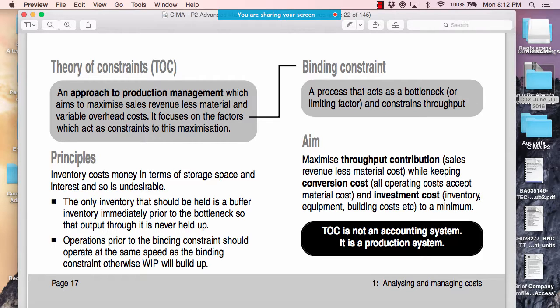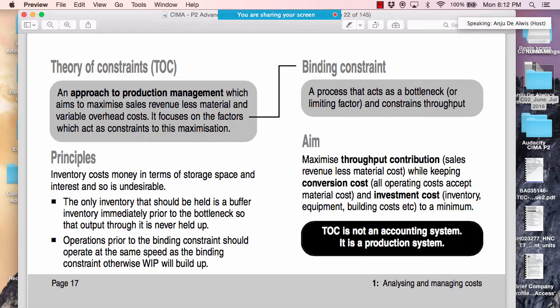So there's no point in producing the 100 to sit there for days until that segment can do it. The process might take longer there, or there's just not the staff to complete the task. Right. So your binding constraint would be staff, man-hours, in this case.